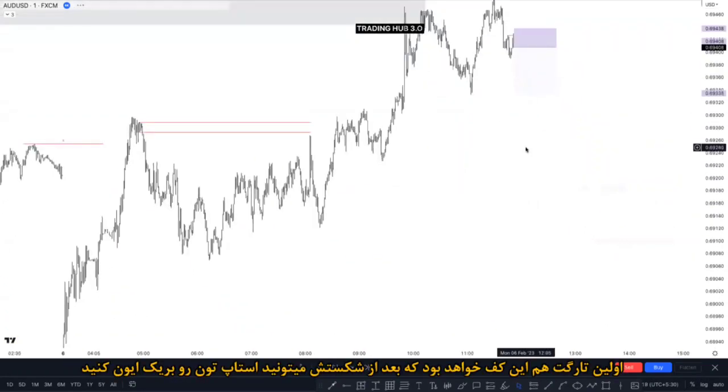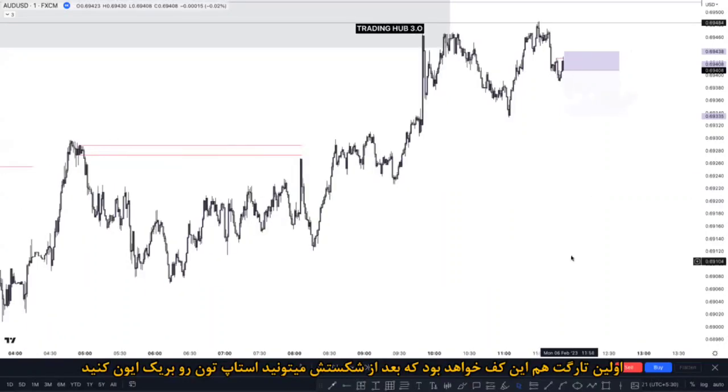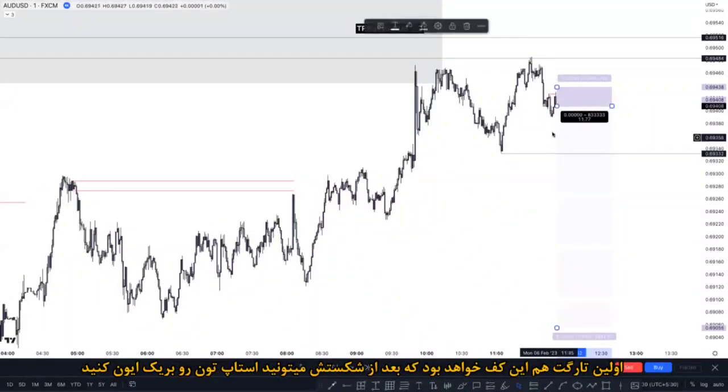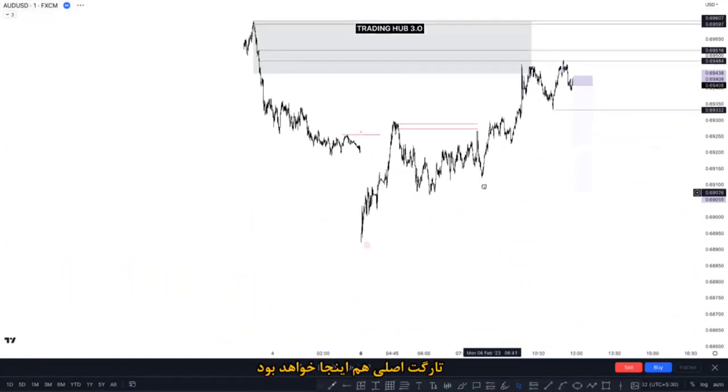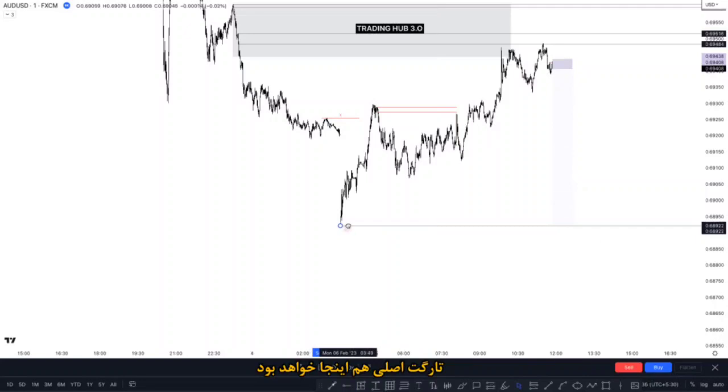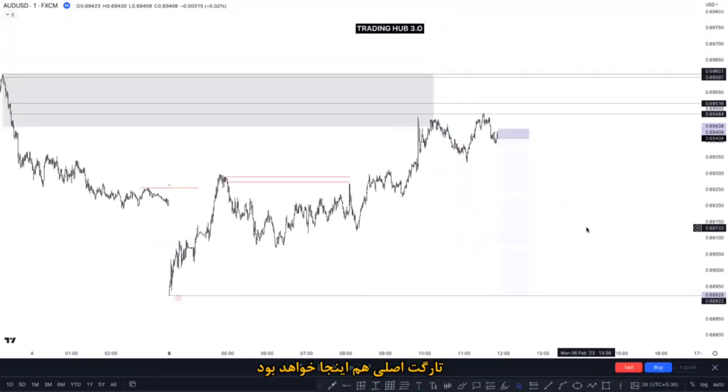And the target is the first low broken here, because this is the first structure where the market broke, and you have to move your stop loss to break even, and the major target is right here. Okay.